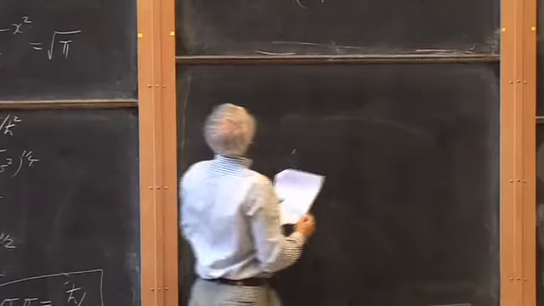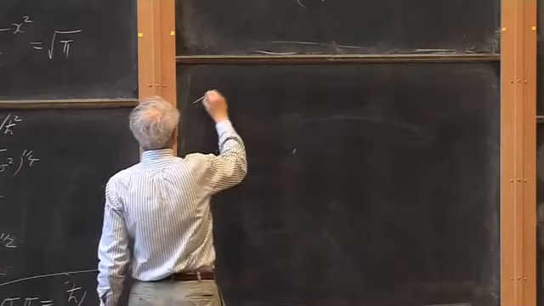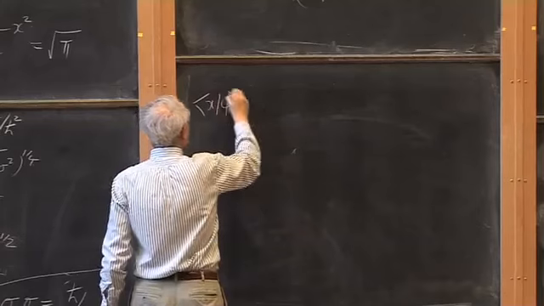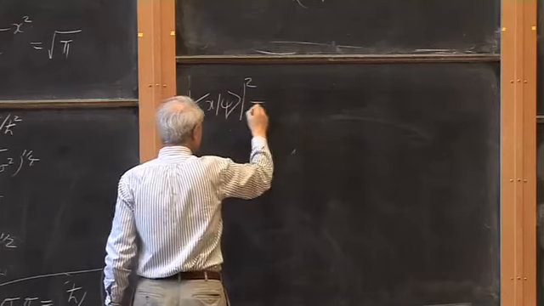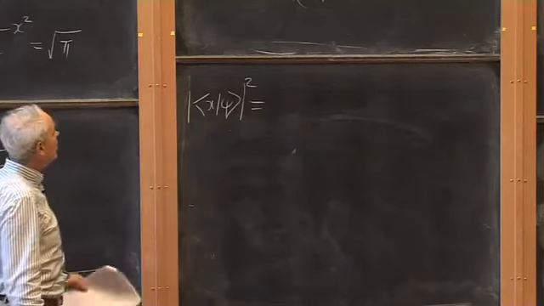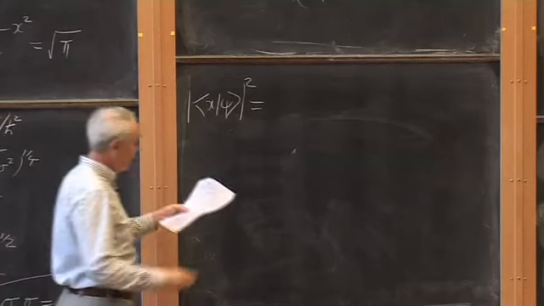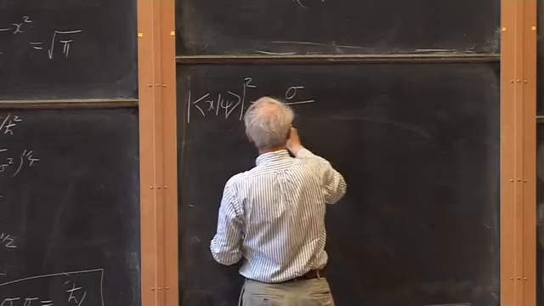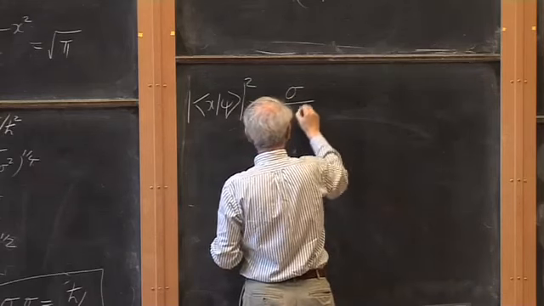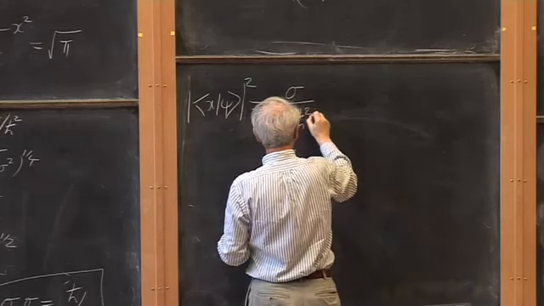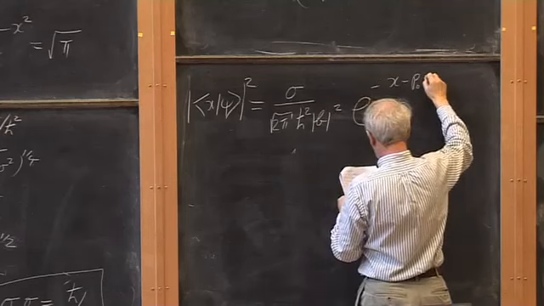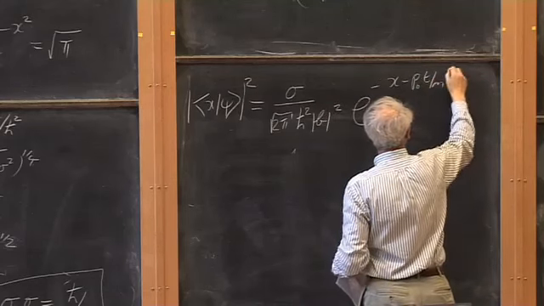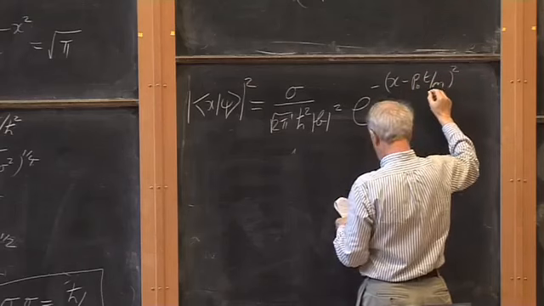And what's interesting is to understand the physical implication of this. So we're going to extract the mod square of the answer when you've done all this integration. And apparently it is sigma over root 2 pi h bar squared, mod b squared, e to the minus x minus p0 t over m squared.